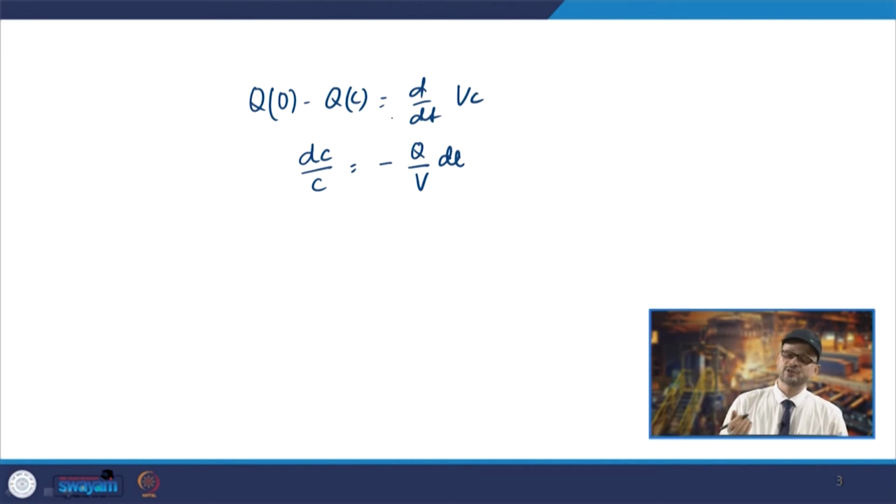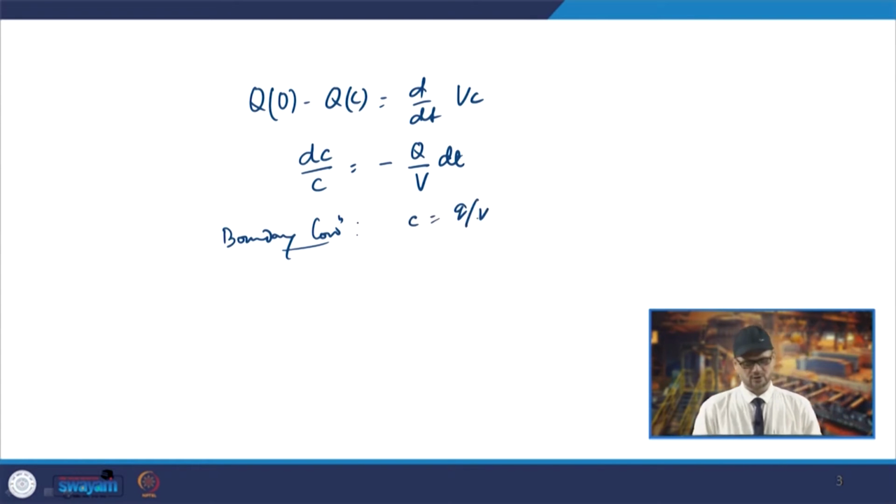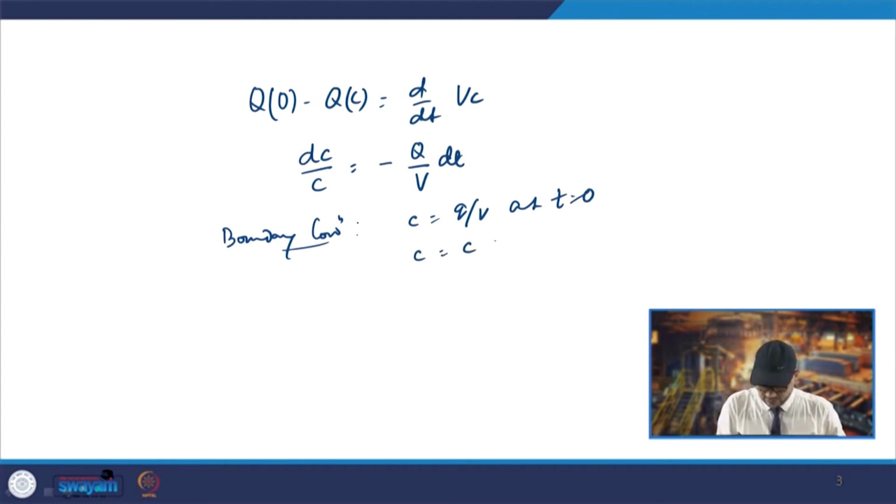If you integrate, and you give the boundary condition, you take C equal to C0 at t equal to 0, and C equal to C at t equal to t.